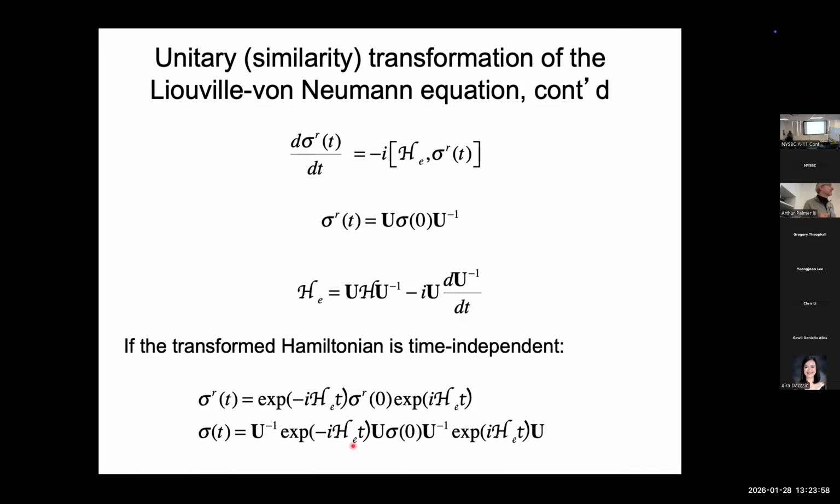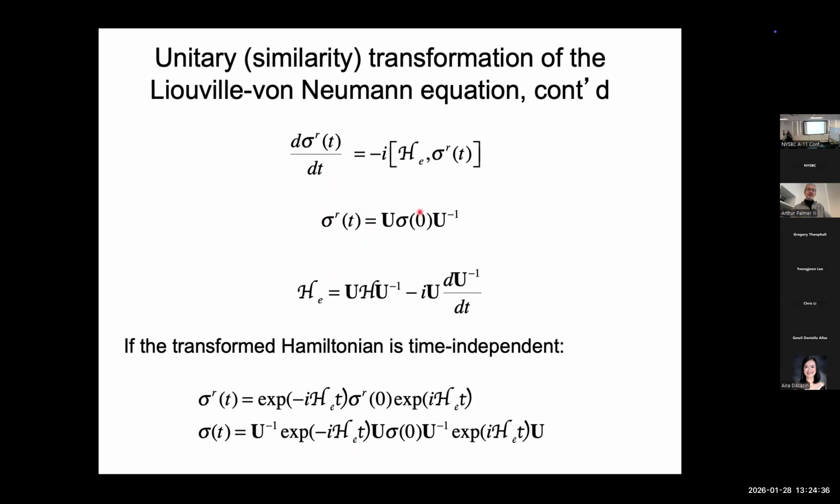Can you explain what's going on in the last equation? So if I solve for sigma of R in the transformed frame, and I want to come back to the laboratory frame, I'm going to have to take my new sigma of R, and actually there is a typo here.